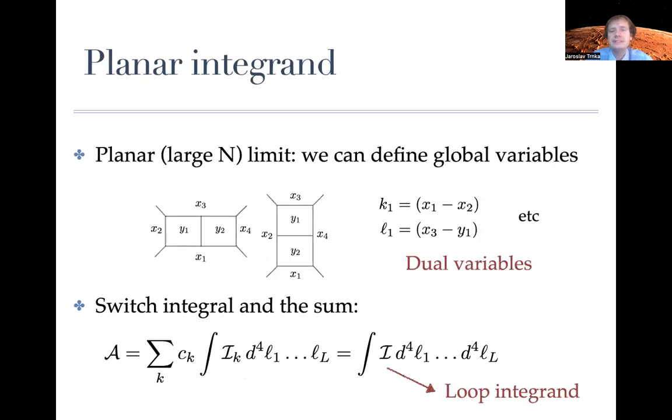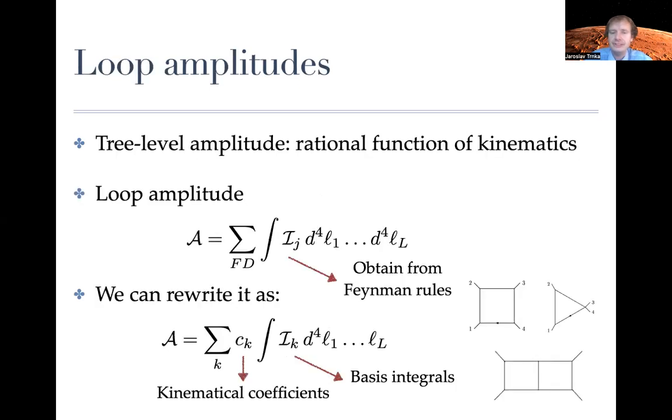Now, something simple happens if we are in the planar limit, the large N limit of gauge theories. We can sum all the diagrams together into a single object. The reason for that is that we can define global loop variables. Normally, each diagram, either Feynman diagram or this integral, has its own variables. The meaning of the loop is specific to a diagram.